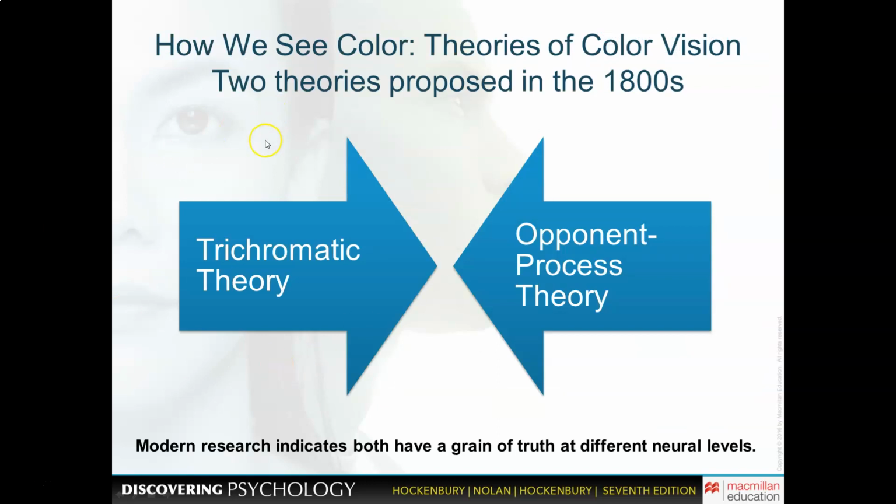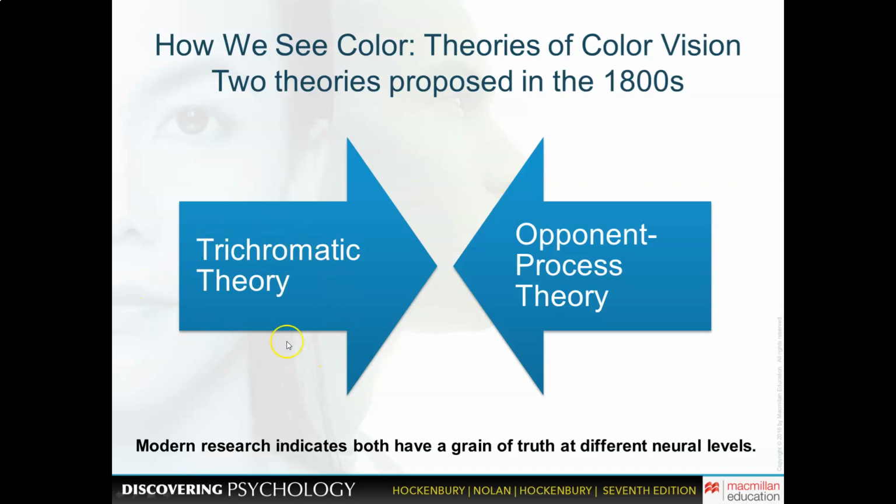So we have 2 different theories of color vision. The 2 theories are called Trichromatic Theory, and I referred to that. Tri means 3, and chroma means color. So it's the 3-color theory. Remember, when we perceive color, we perceive either blue, red, or green.